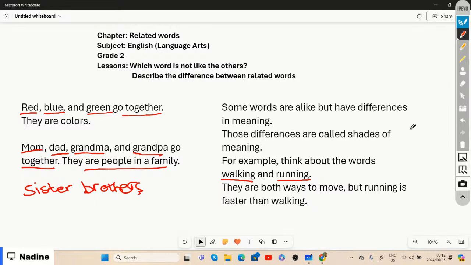All right. If you look at a few more words, let's say for example, we have words like up, over, even under. Those are also related words, right? Because it has to do with either going up, going down, going over something, right? But then they also have slight differences.